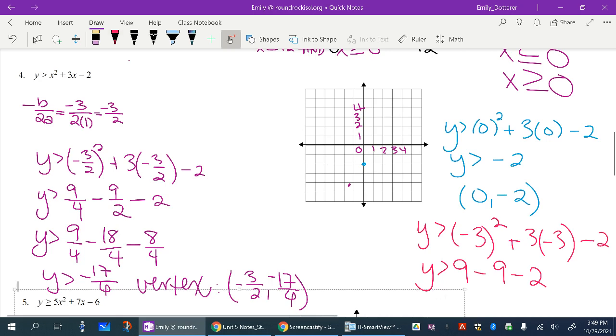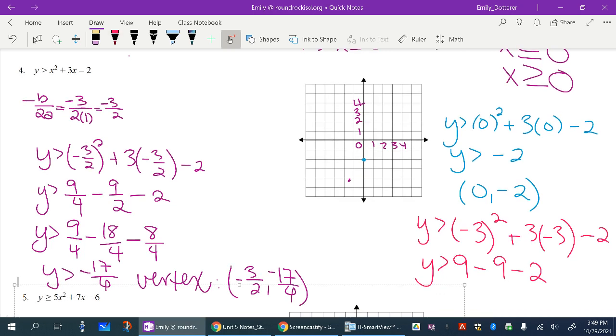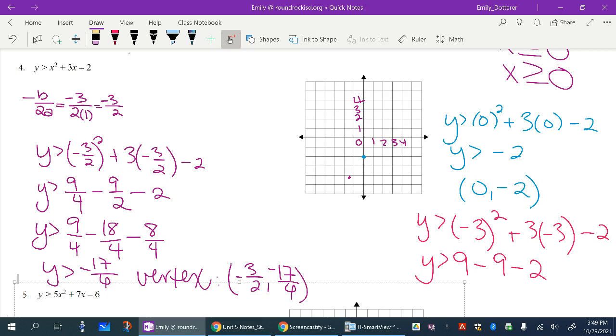Nine minus 9 is 0. And 0 minus 2 is negative 2. So we get negative 3, negative 2. It'll be right there. Okay.